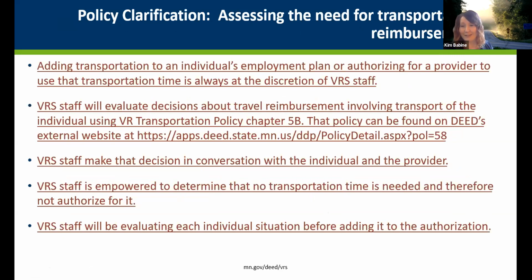So just a reminder, and this is something that the RSA, our federal funder, is very particular about, that the VR staff needs to be making the decision about what services an individual receives, and also is the one to determine when and how that happens, and that it's an individual decision by the counselor or the rep, the VR staff, to be able to make that decision.